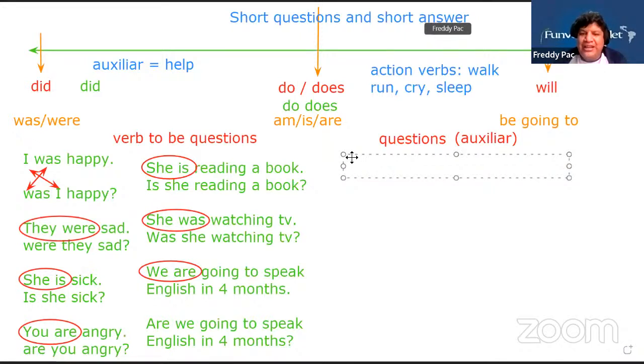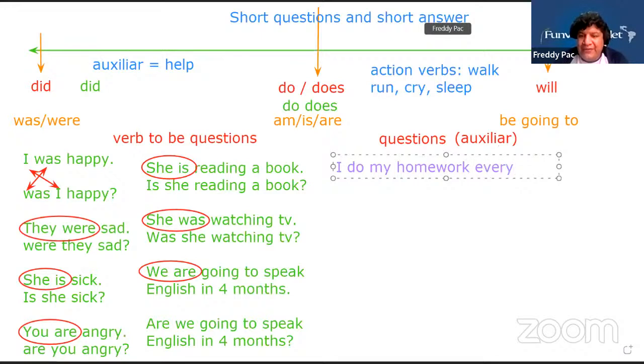I know that right now it seems like too much information, but when we practice, you will practice a lot. I do my homework every day. This is my sentence in present.